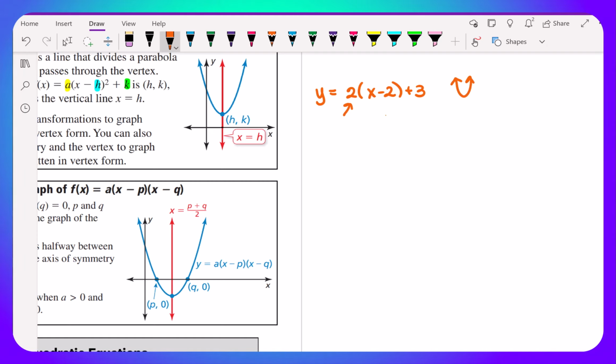I can tell that this has been moved to the right 2. So if it's moved to the right 2, the vertex will be at 2 and it will go up 3. So if it's got a vertex at (2, 3), that means your axis of symmetry is going to go straight down through that 2 on the x-axis. That is your axis of symmetry.